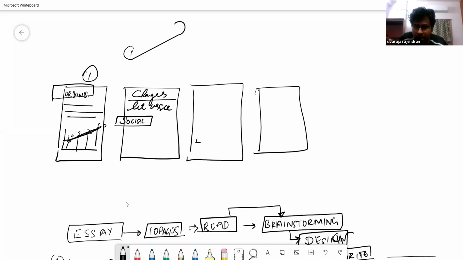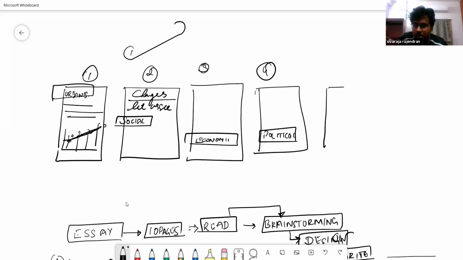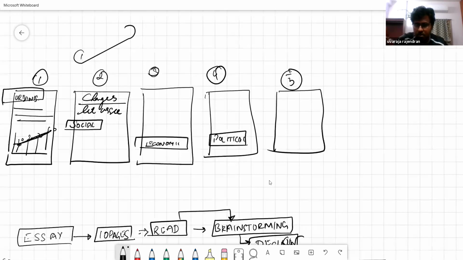Then you will start writing economic changes. Then you will write political changes. Then fifth page, after the second, third and fourth pages.